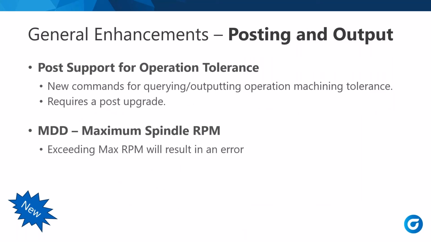Just a quick one here that you can't really touch and feel right out of the box. You'll need a post upgrade for this, but if you have machines that use smoothing or high speed functions that need to change, either have a direct tolerance number, or they use an R value or something like that, any given tolerance in a GibbsCAM operation can now be accessed through the post, and then that proper coding could be output for those types of things.